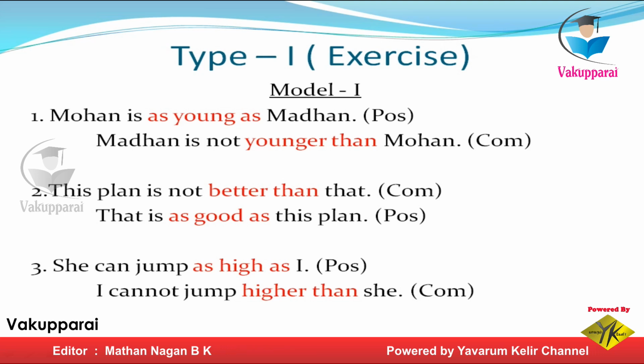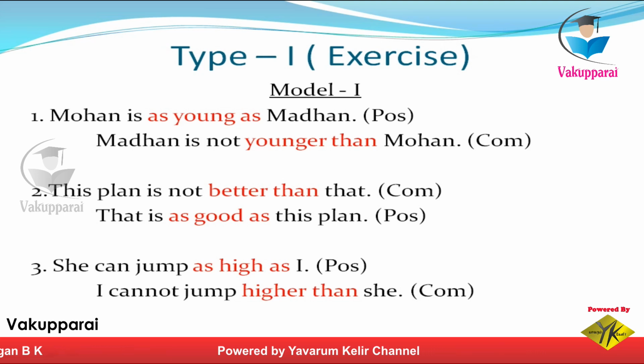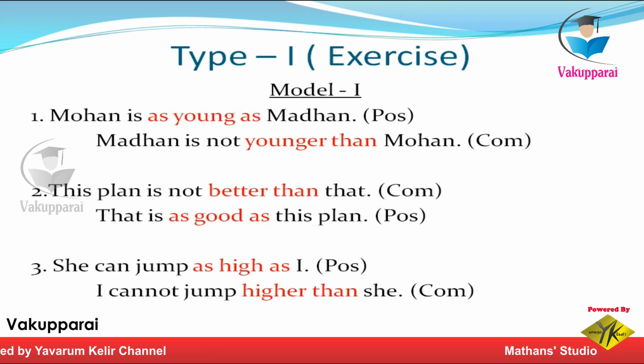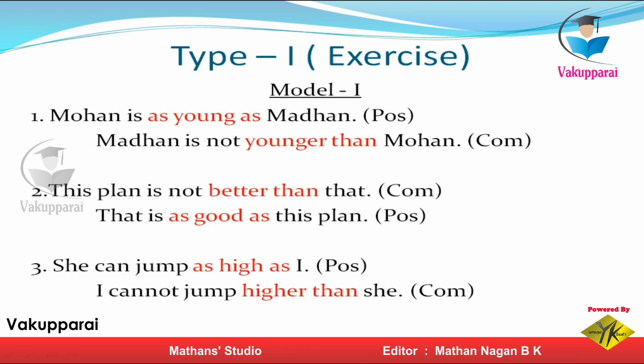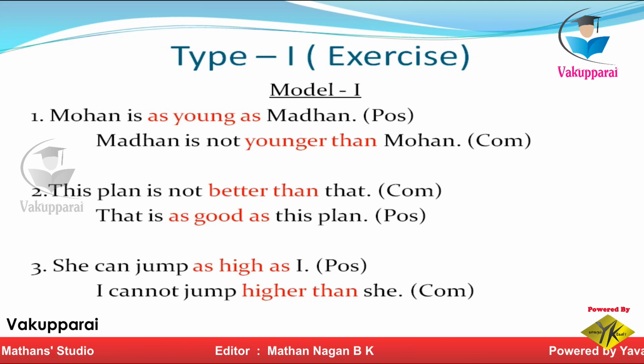The given sentence is not negative, so we have to add negative format in the sentence. So Madan is not. As young as should be changed into comparative, younger than. Then the first subject Mohan should come at the last. So we get comparative degree as Madan is not younger than Mohan.